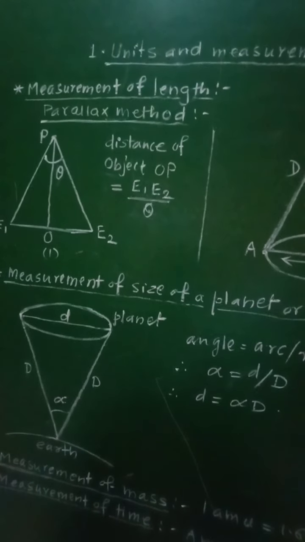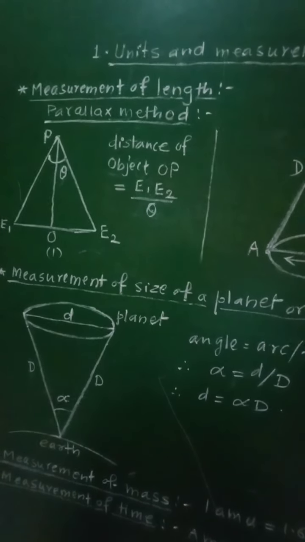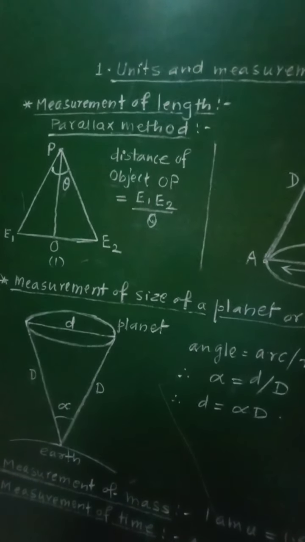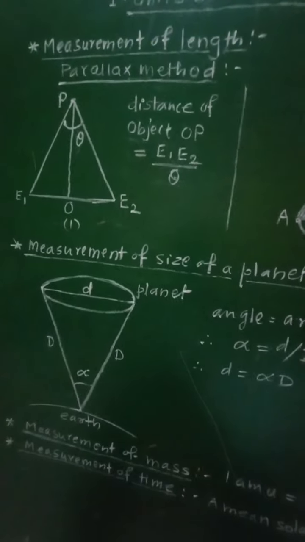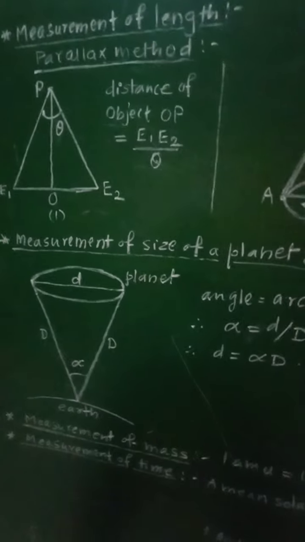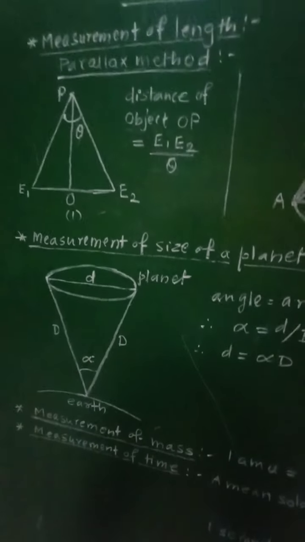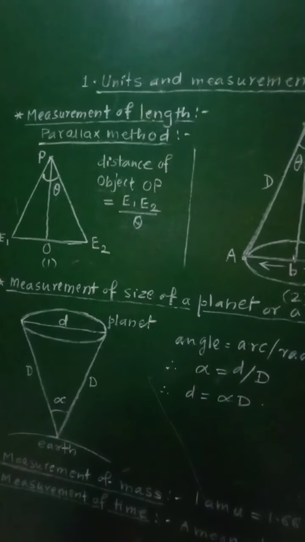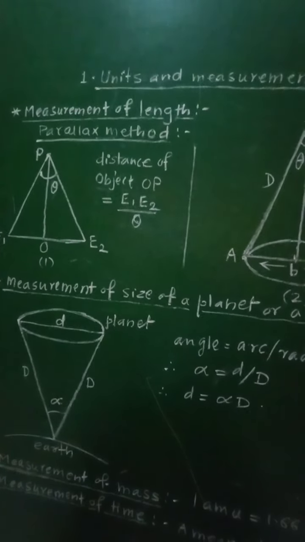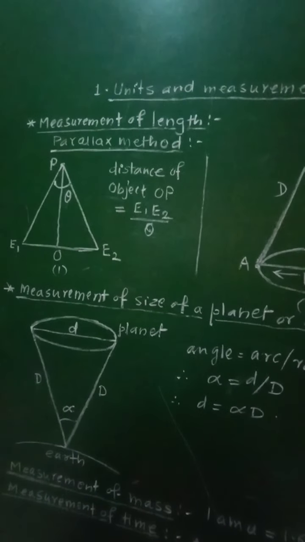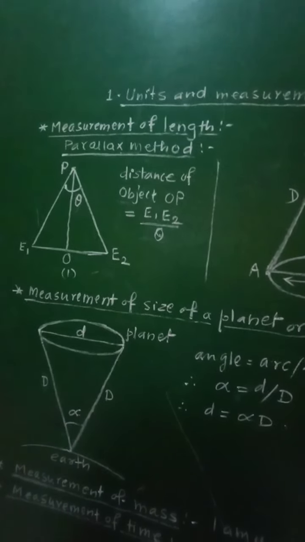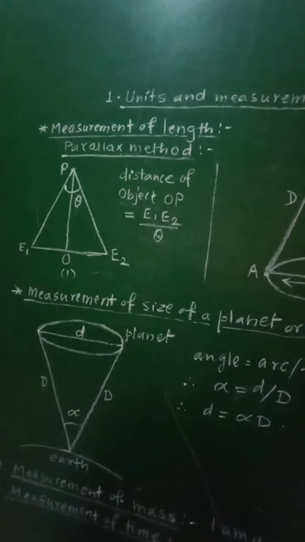The parallax is defined as the apparent change in position of an object due to the change in the position of the observer. By measuring the parallax angle theta and knowing the distance between eyes E1 and E2, the distance of the object can be determined.